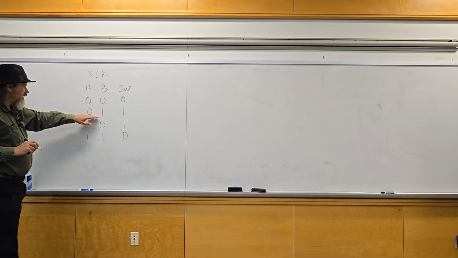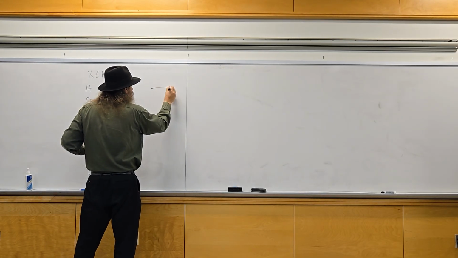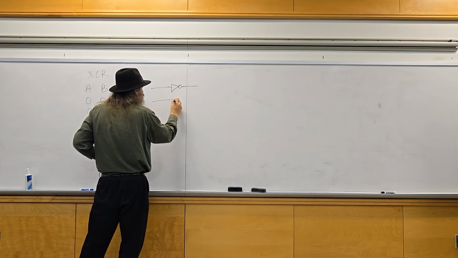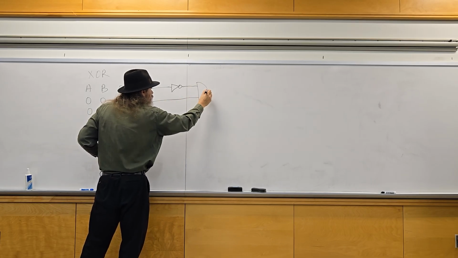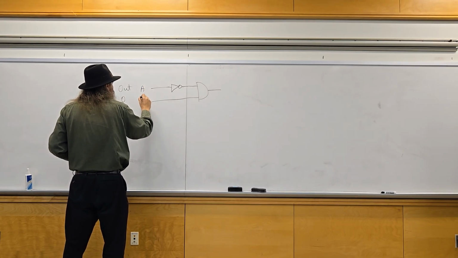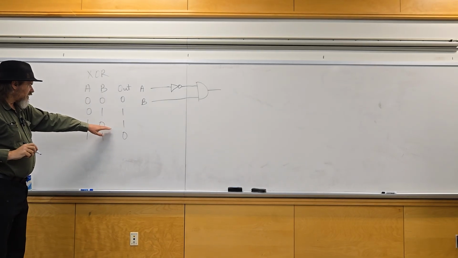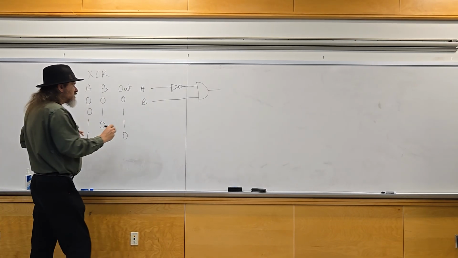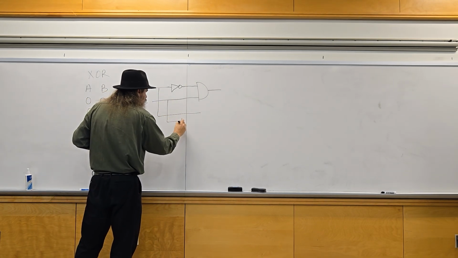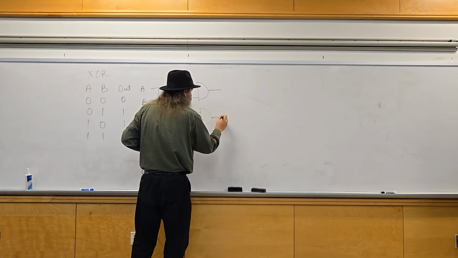So it would be B and not A. And the second line that has a 1 as an output is A and not B. And then OR them together.